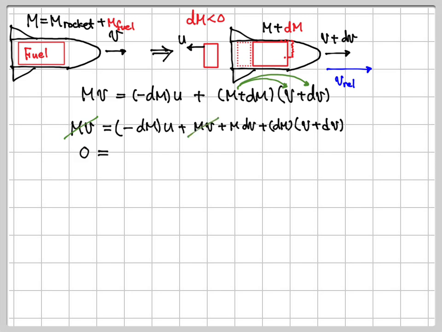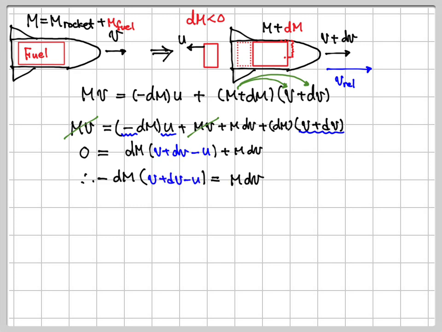Left hand side becomes 0, and on the right hand side we factor dm out, and then v plus dv minus u. And then we add mv. Therefore, we have this expression and equation.